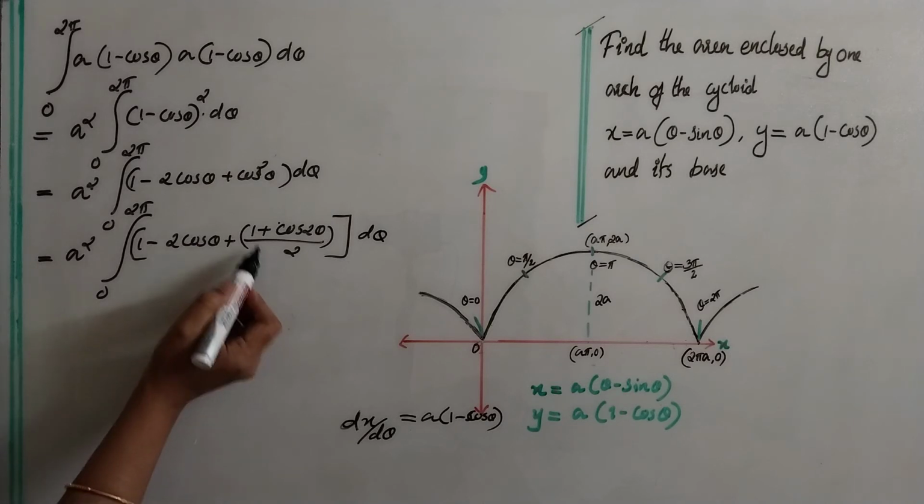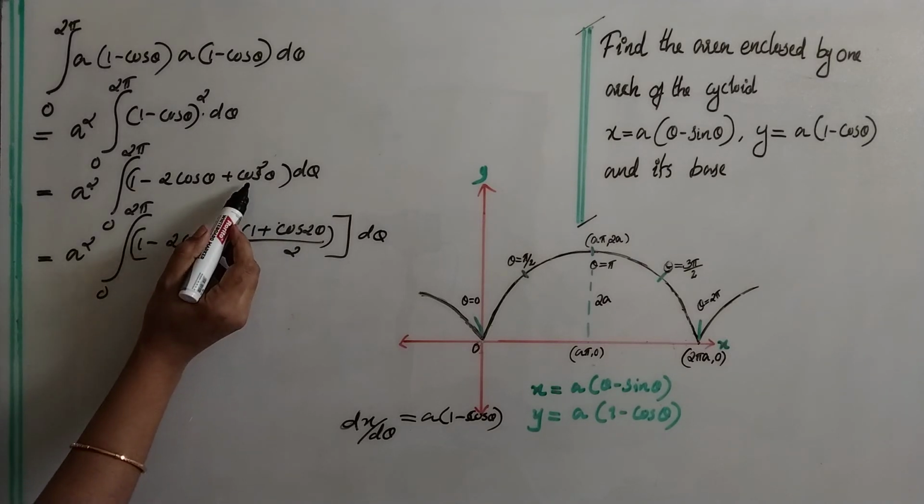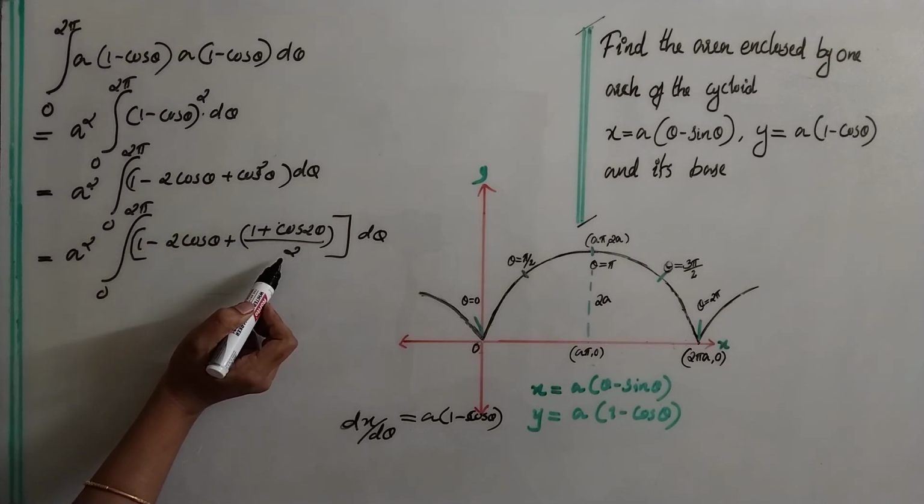So the integration becomes easier by changing like this. Cos square theta is 1 plus cos 2 theta by 2.